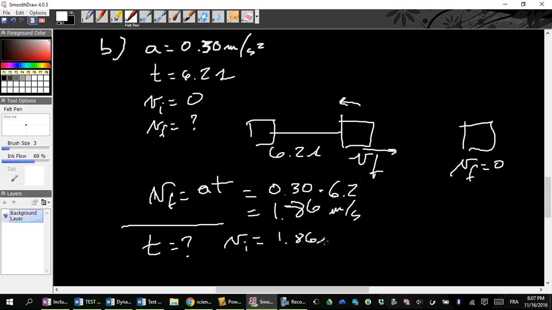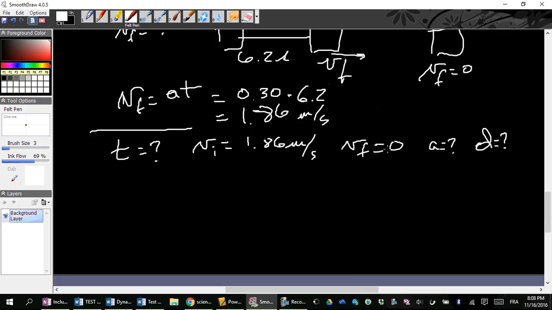Okay, that's a good problem. That's really smart. The person that wrote that knew what they were doing. We know vf, it's 0. We don't know a. We don't know d. We're missing a lot of stuff. How is it going to look? I'm not sure. Let's look at it.